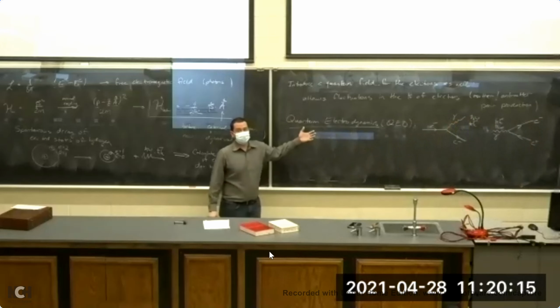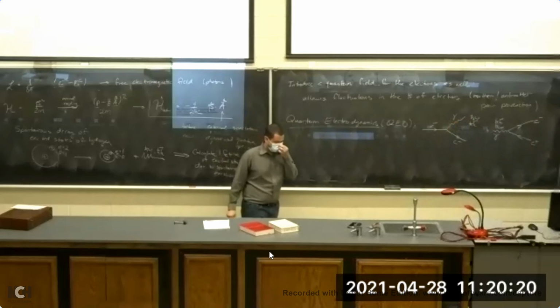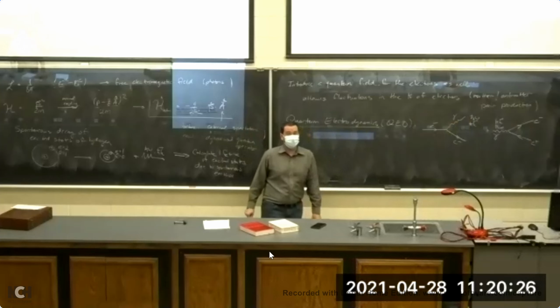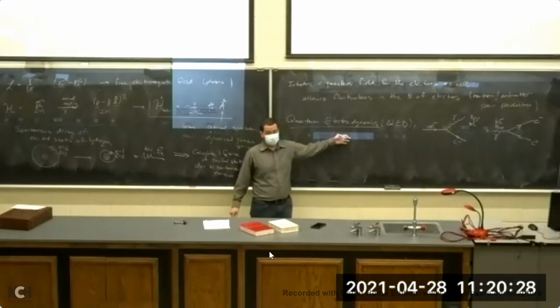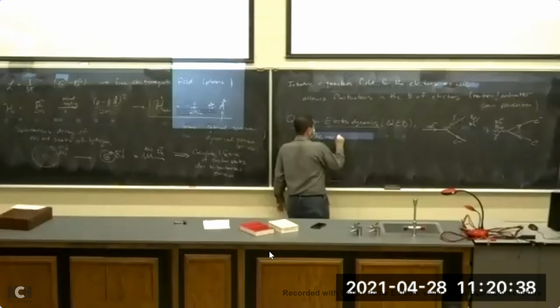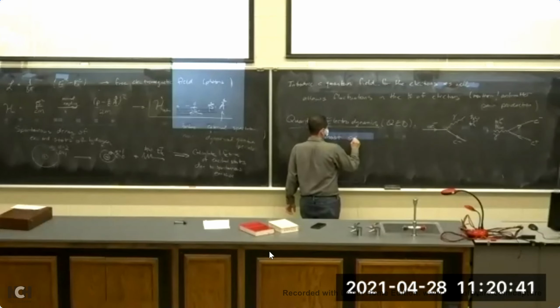Quantum electrodynamics is the single most successful theory ever created by man. This has been tested to unbelievable degrees of precision. The muon G-2 experiment just indicated fascinating deviations from the predictions of quantum electrodynamics that may indicate the existence of brand new particles beyond the standard model. So this is, let's say, the most successful, precisely tested theory ever.